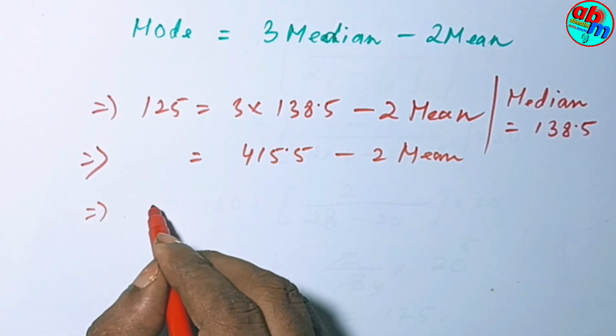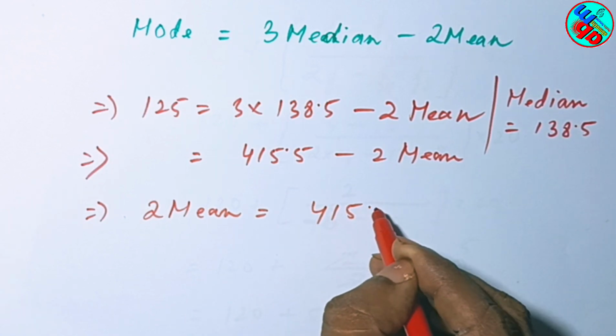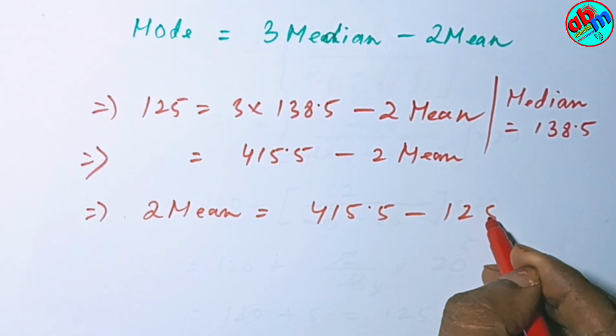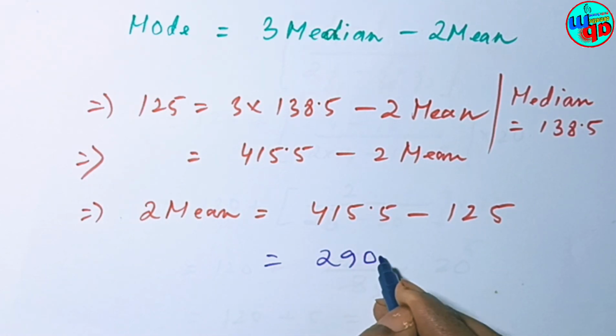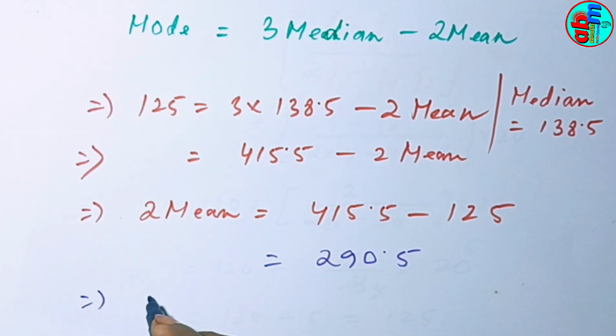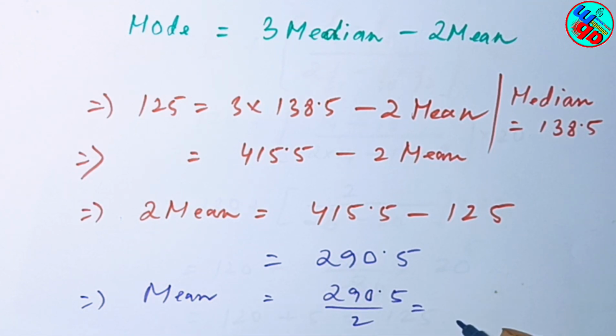So 2 mean is equal to 415.5 minus 125. After subtraction, we have 290.5. So to calculate the mean, we divide 290.5 by 2, and after dividing it, we get 145.25. This is our answer.